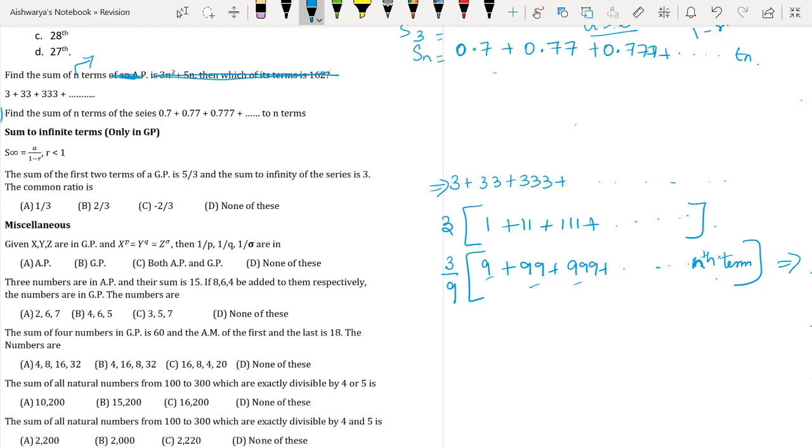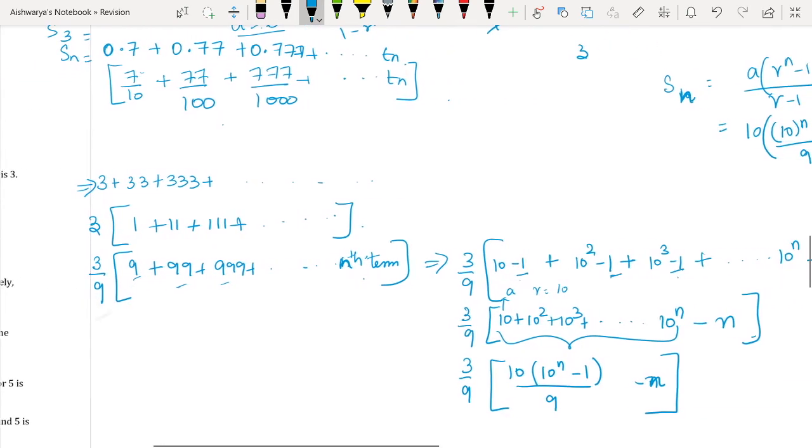Okay. So now this 0.7, 0.77, 0.777, how we can write it is, we can write it as 7 by 10 plus 77 by 100 plus 777 by 1000 and so on. The last term we still don't know, we will come back.